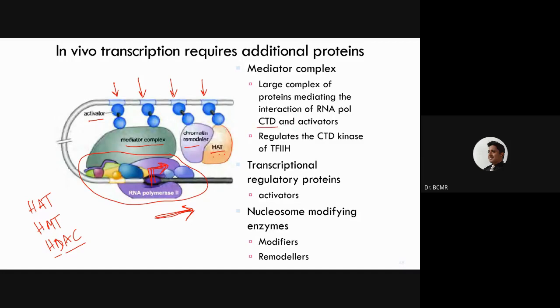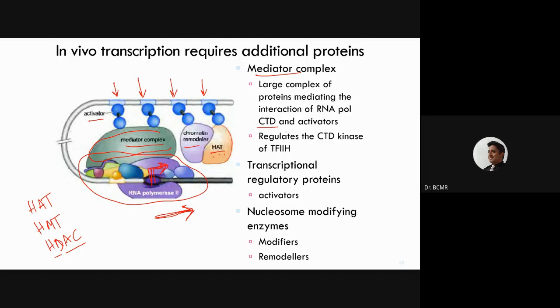CTD, C-terminal domain. I'm not going to describe it. I'm just trying to put some words because we already learned so many words today, or terminology or glossary. I just want vocabulary, so I give a few more. Mediator complex, the one that you're looking at here, is a large complex of several proteins.